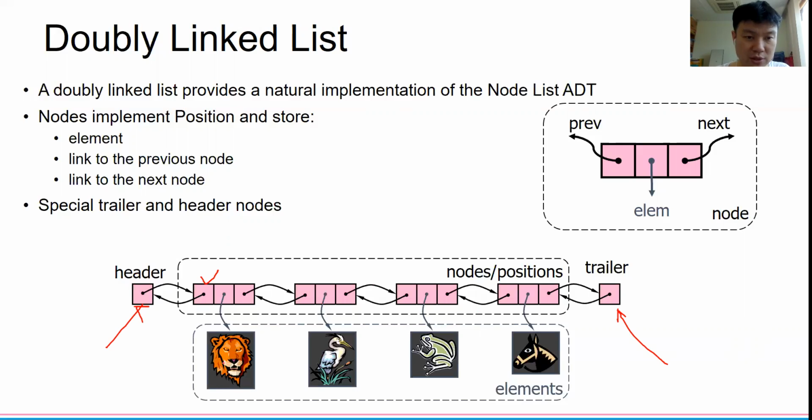If we know that this tiger is the first node, then it will have a connector to the header and a connector to the next node. The same with this element: it will have a connector to the first node and a connector to the next node. And the frog is also the same. It will have a connector with the previous and a connector with the last one. So we have previous and we have next, and we know what the element is at the particular node.